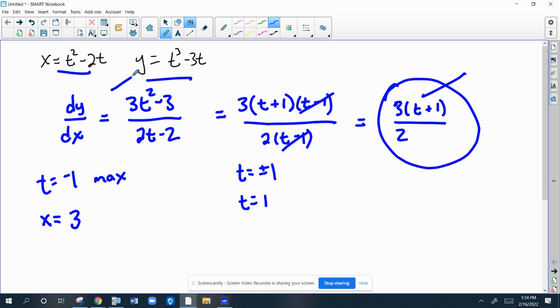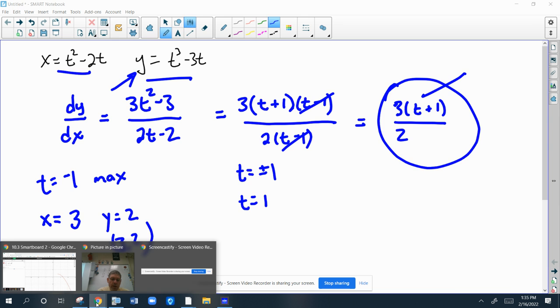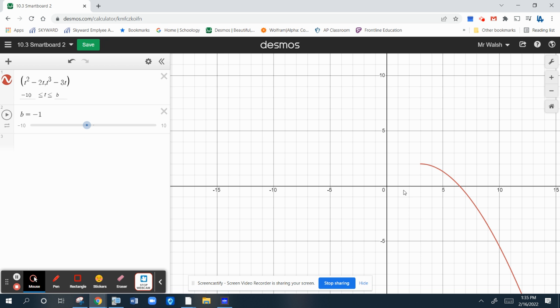And y, when you plug negative 1, you get negative 1 cubed, which is negative 1, minus 3 times negative 1, or plus 3, so y equals 2. So that maximum should occur at the x, y coordinates 3, 2. And I'm going to go back and look at the graph just to make sure that looks right. So I'm looking for 3, 2. That looks perfect.